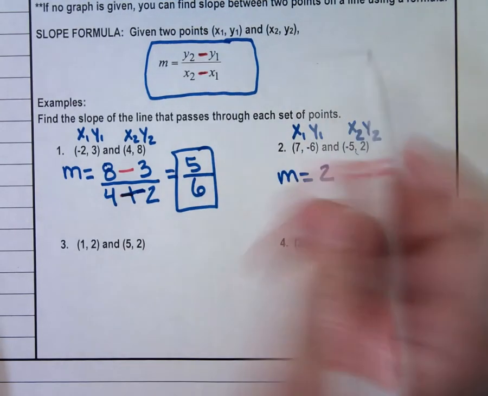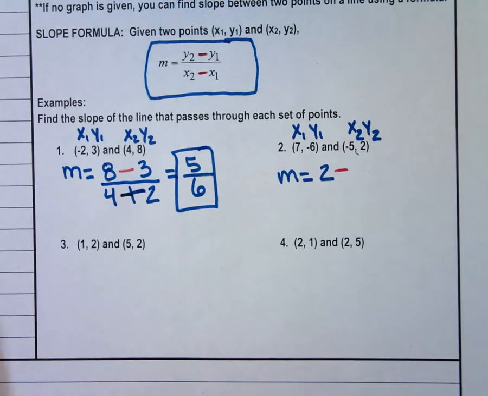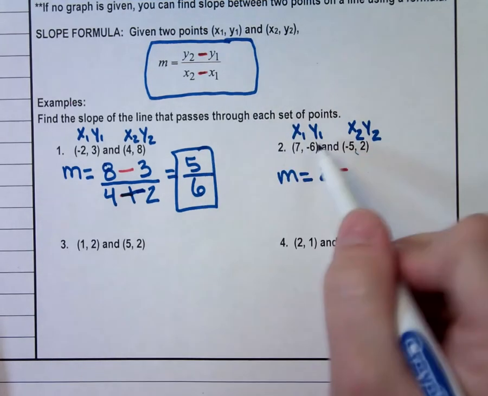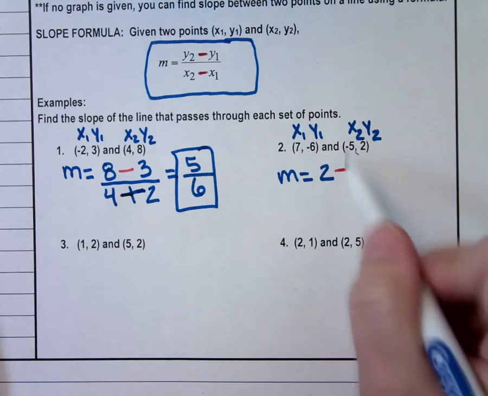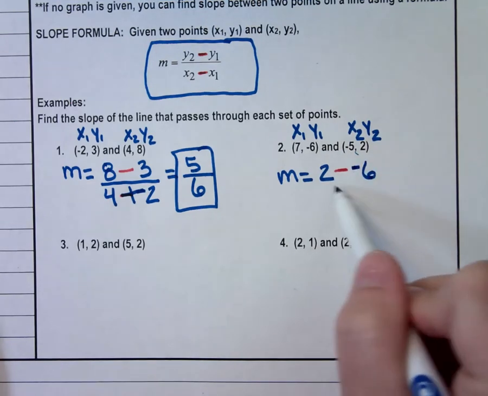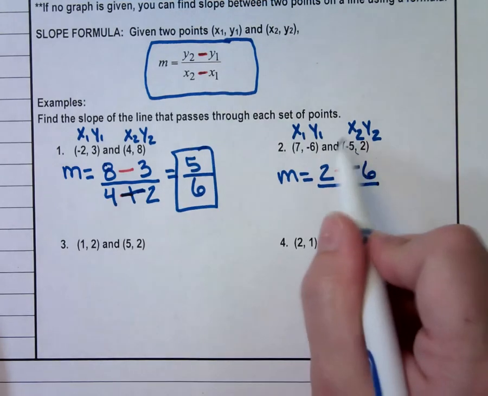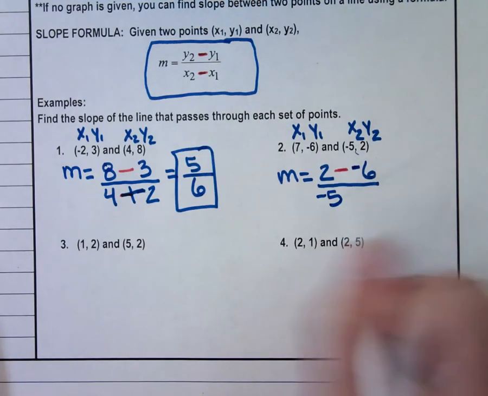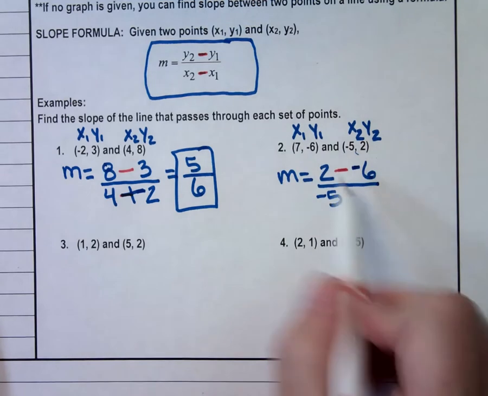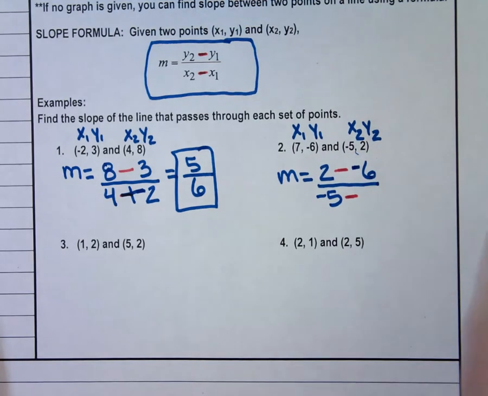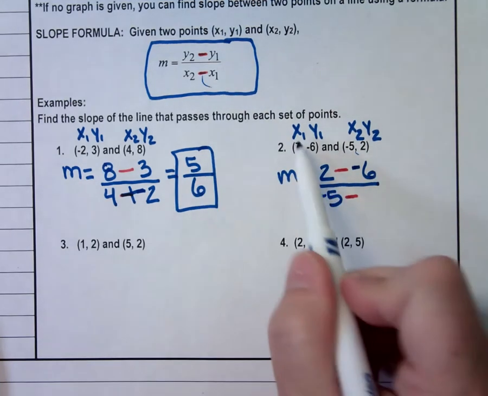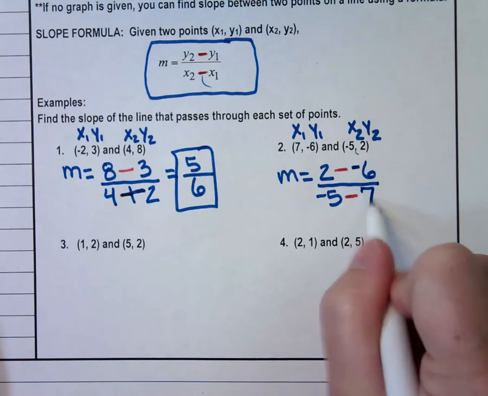Then it has a minus sign, so I put a minus sign. Then it says y1, so y1 is a negative 6, so I write negative 6. Divide by x2. x2 is a negative 5. Then it has our minus sign. And then x1 is a 7, so I put a 7.